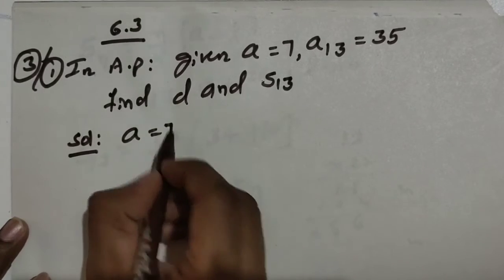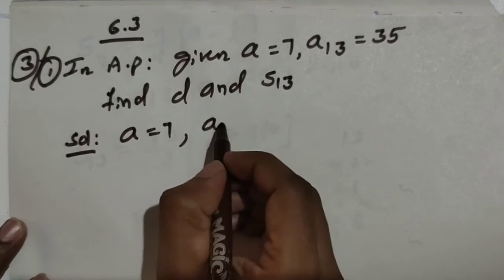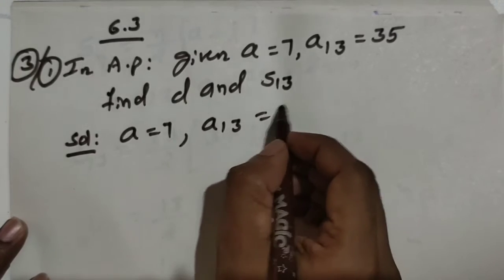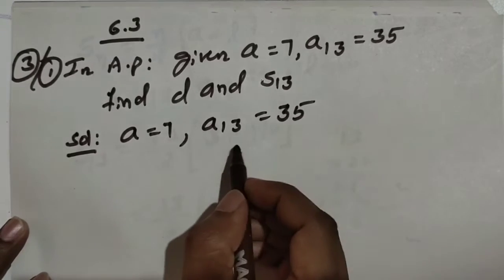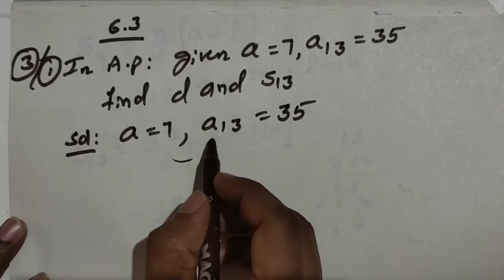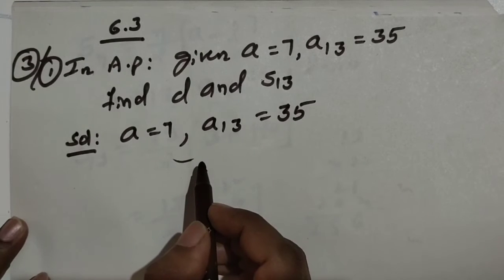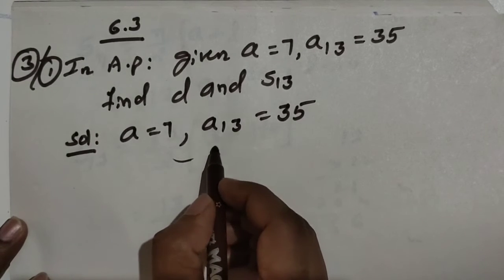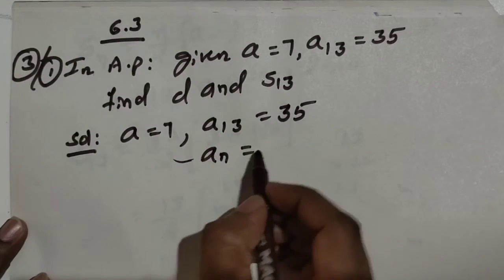Okay, now here we have A is equal to 7, A13 is equal to 35. So by this data we can easily get the D value. How? By using the An formula. What is the An formula?